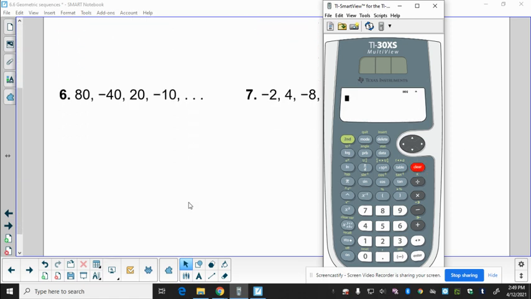Okay, number 8. Or I'm sorry, number 6. Divide these first two numbers in reverse order. So it'd be negative 40 divided by 80. All right, so my common ratio is negative 0.5.